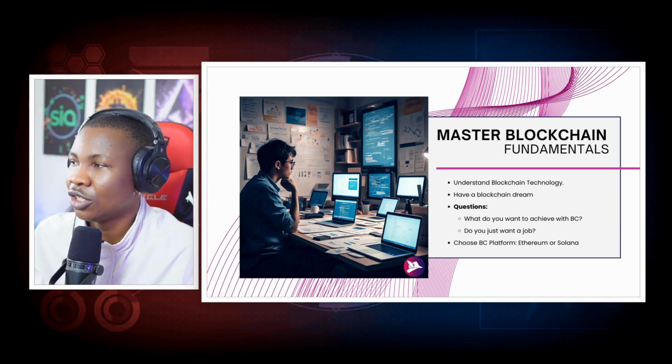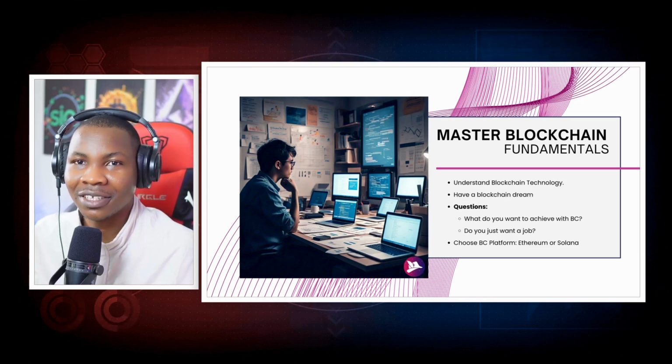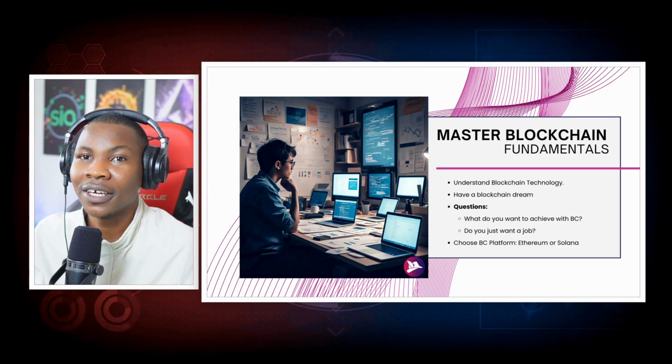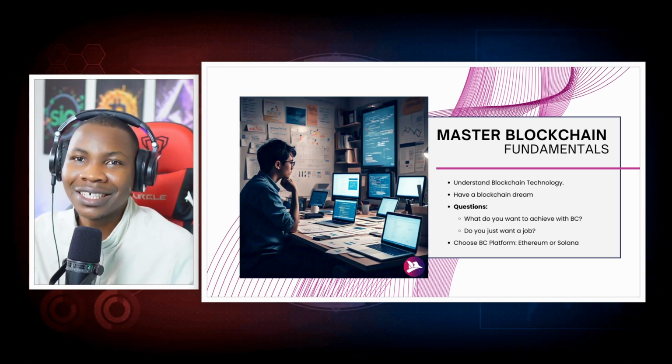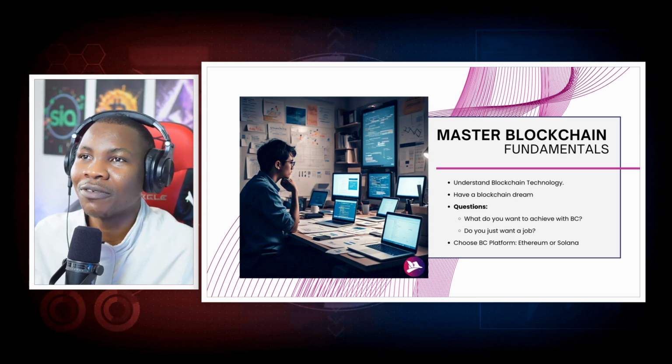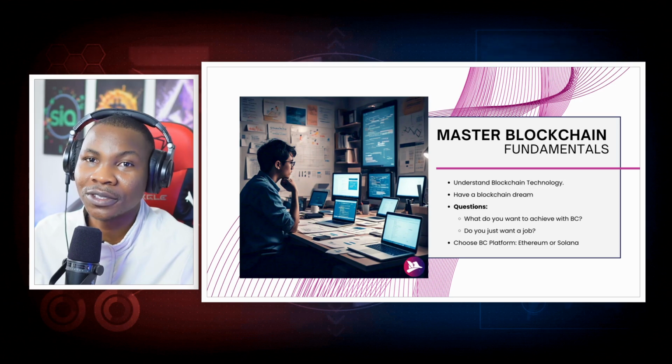All right, so the fourth thing in this item, you want to choose a blockchain platform. You want to choose Ethereum because you want to start from one. You can't start from the two of them, so you want to start from Ethereum or Rust.